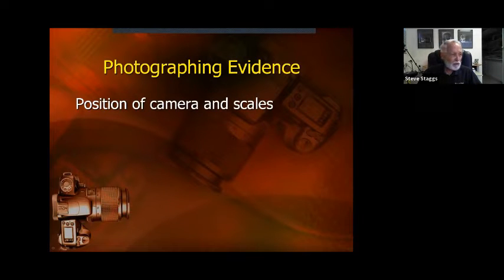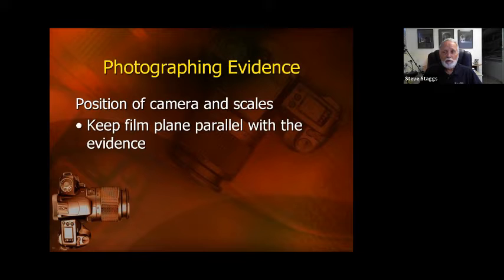Next important thing, and that is the position of the camera and scales. When we photograph our evidence, we want to keep our film plane parallel with our evidence. What does that mean? Well, the back of our camera is the film plane. That's where the roll of film used to stretch out. The film plane, that's where the image records.